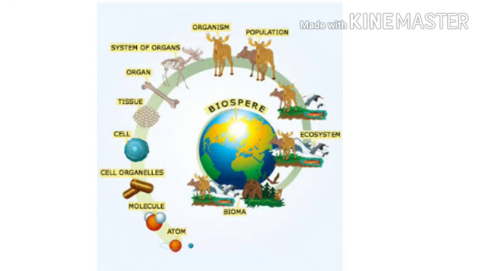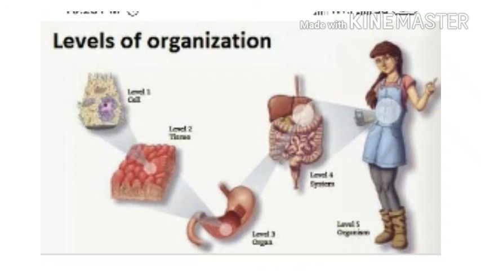Cell organelles combine to form a cell. Cells combine to form tissue. Tissue combines to form an organ. Different organs combine to form an organ system. Different organ systems combine to form an organism. Different organisms combine to form a population. And different populations combine to form a community. So this is the level of organization of organisms from atom to community.